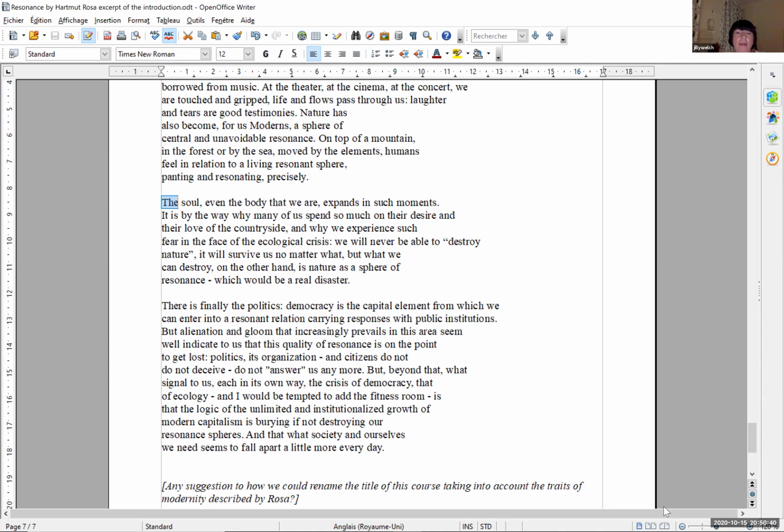But beyond that, what signals to us, each in its own way, the crisis of democracy, that of ecology, and I would be tempted to add the fitness room, is that the logic of the unlimited and institutionalized growth of modern capitalism is burying, if not destroying, our resonant spheres, and that what society and ourselves we need seems to fall apart a little more every day.